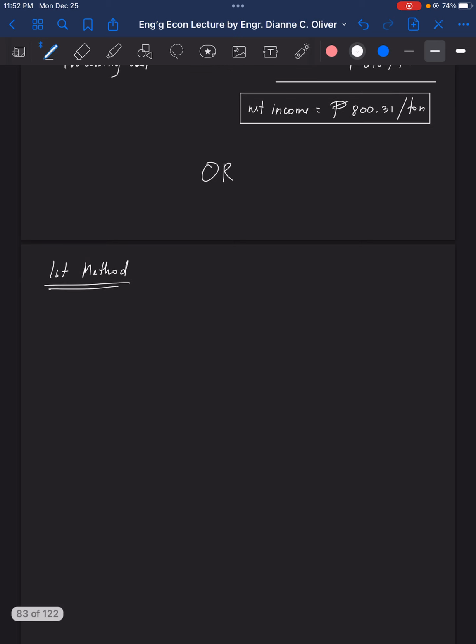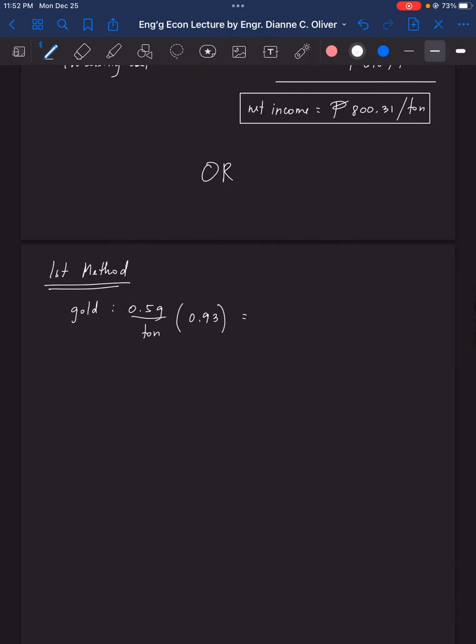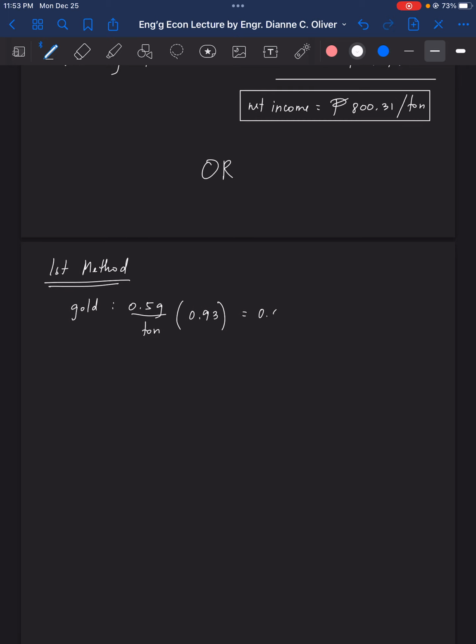So since we have here the gold can be obtained, so 0.5 grams per ton multiplied with 0.93. So we have there 0.5 times 0.93, 0.465. So that will be 0.465 grams per ton.